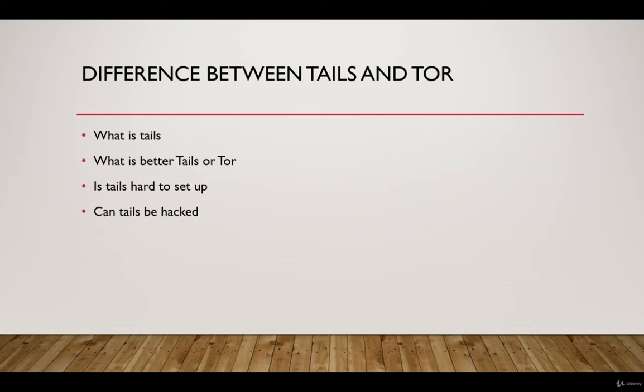Alright, so what is Tails? The main difference between Tails and Tor is, first, that Tor is a web browser. It's a way for you to connect to the deep web or to any other website. But Tails, on the other side, is a complete operating system.